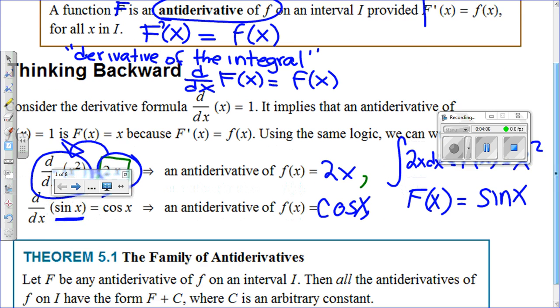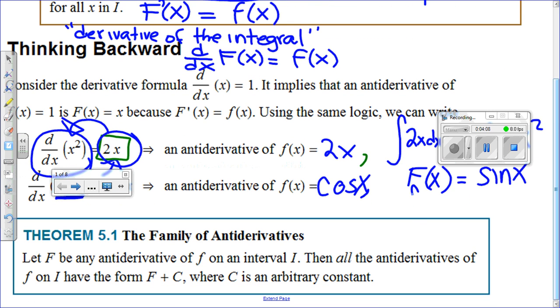Or if we use the integral symbol, the integral of cosine x dx will be sine x. So we're integrating with respect to x.